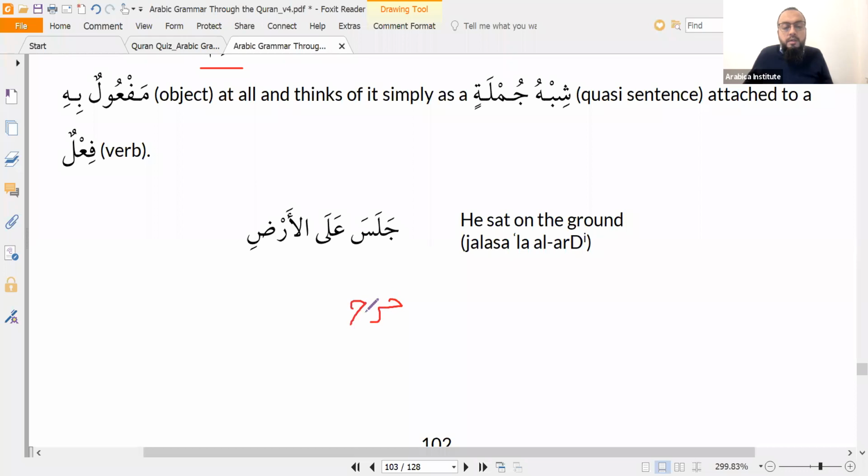Kharaja, right? He went out of, how do you say he went out of the house? Kharaja? من البيت. Good, so you have to use it with a min, right? So you say minal bayti, right? So these verbs are called lazim. And those other ones we saw earlier are called muta'addin.